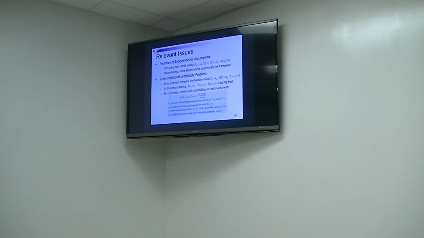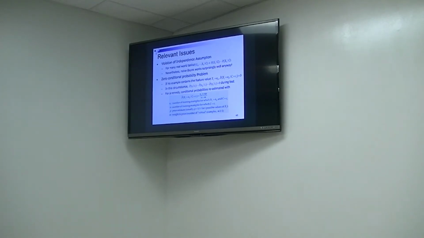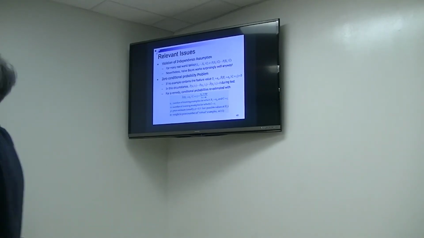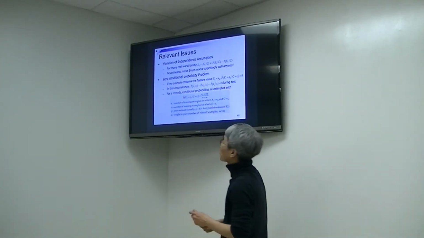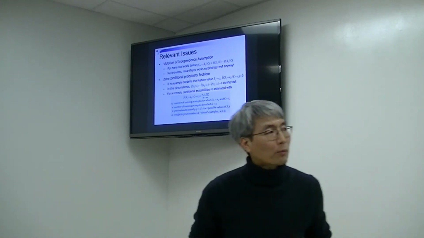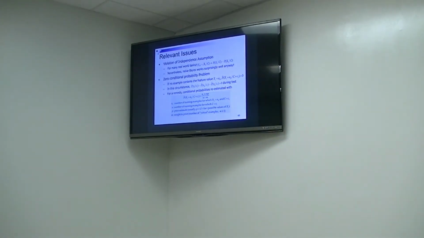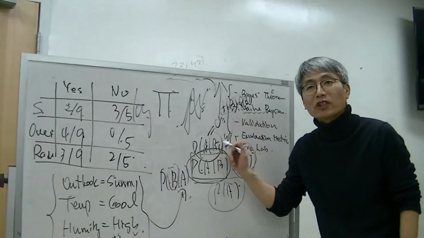Even though it's not really accurate, because we ignore how much variety there is class by class, it works. The more important thing is the zero conditional probability problem. So go back to here. To calculate this one, we take B1 times B2, B3, like that. What if this one is 0, which means this guy never possessed this item?